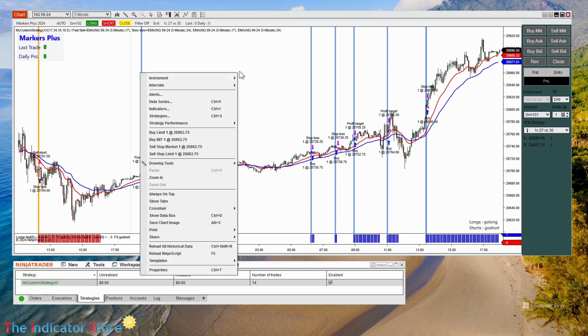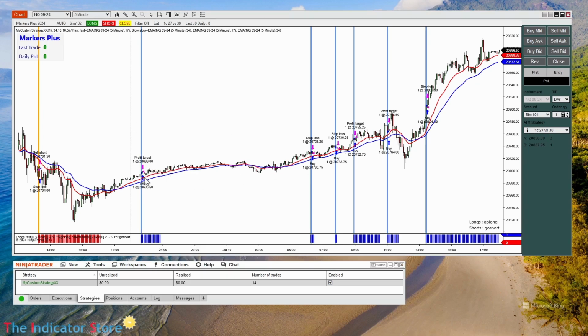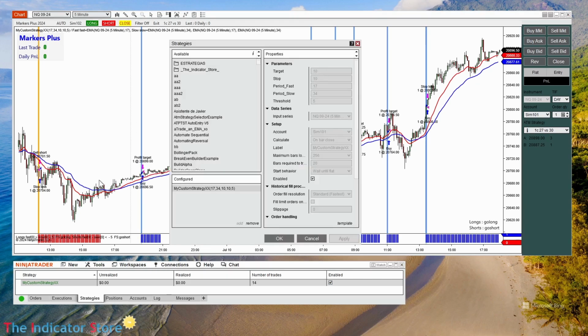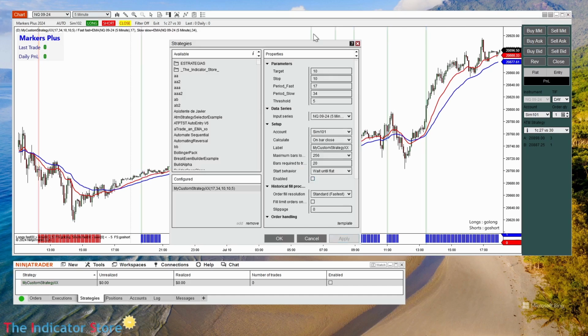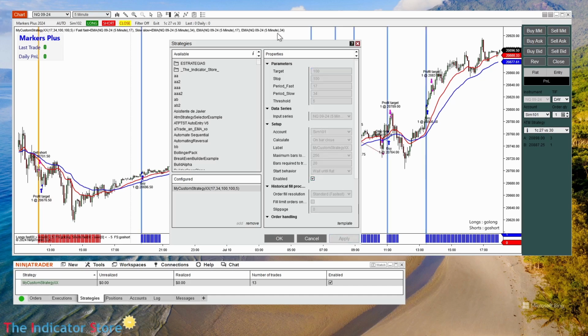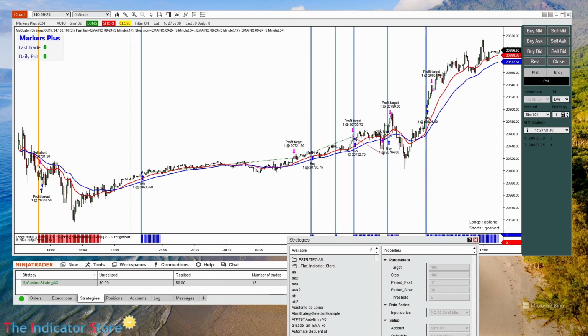For that, we have the strategy analyzer, because we are tempted to try different settings manually. For example, 10 ticks in this example for the target is too small, as you can see. But I don't know, maybe 100 versus 100 for the target and the stop. Now we get something like this.